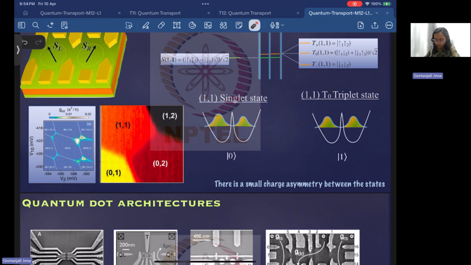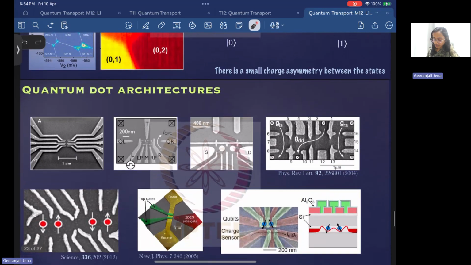Okay. So from here we can say that the ST qubit is in the 1 1 state, and when we consider the LD qubit, when we have a single dot, this can be in the 0 1 state. Okay.